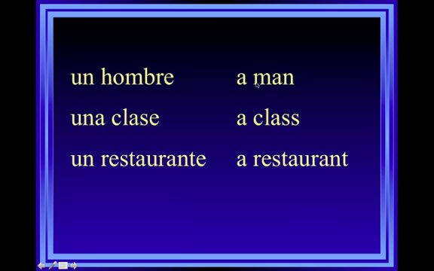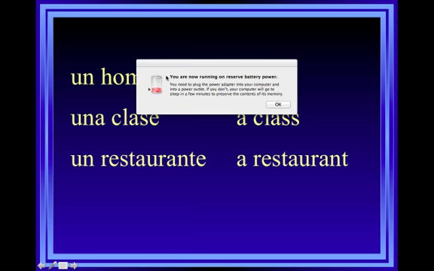We have a man, which is masculine. A class is a feminine noun, so we have to have a feminine article with it. Restaurants, masculine, so we have the masculine article. So hopefully this is beginning to click and make sense that we always have to have our article match our noun with gender and number.